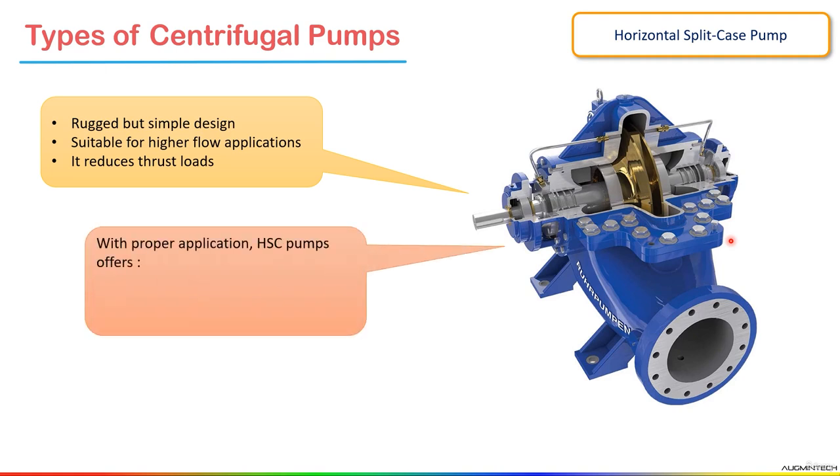Now it is written with proper application. Horizontal split case pumps offer what? First, tell me where we have to use this horizontal split case pump, because remember this point, we have to use this pump for higher flow application.